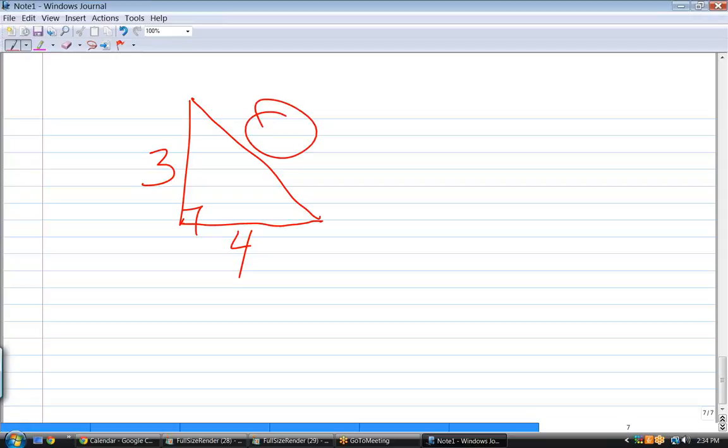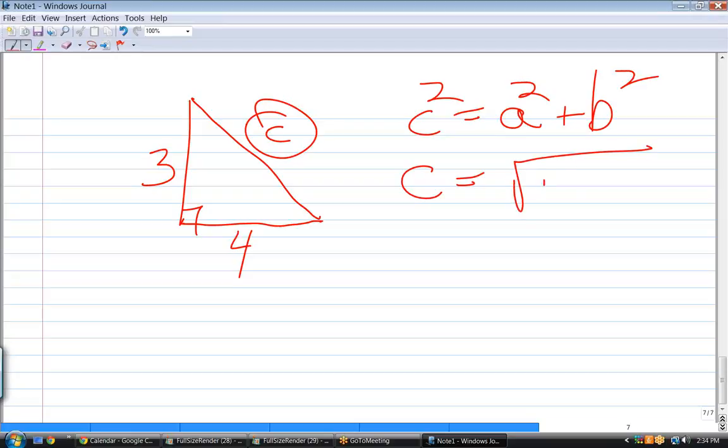Well, here's the equation. That's C. C squared equals A squared plus B squared. That is the Pythagorean theorem, probably the most important theorem in all of geometry, which makes C equal to the square root of A squared plus B squared.